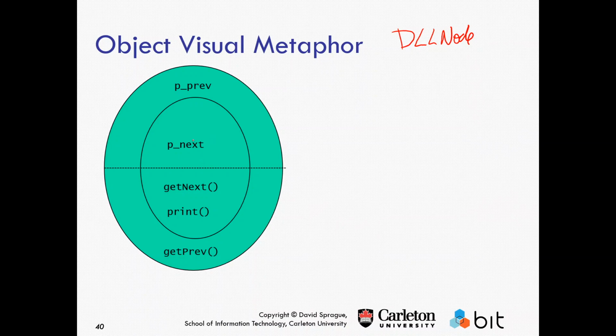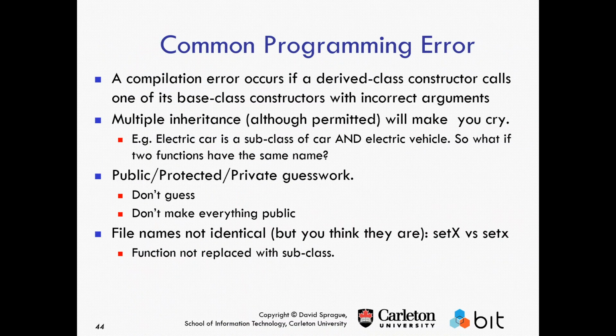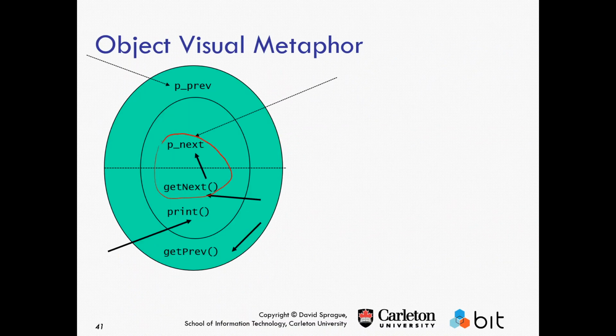This shell around here prevents anything from looking at this. So if I want to go one step further, pnext has complete access to this, right? Inside the linked list node, getNext has access to pnext. I have no access from outside of this class.